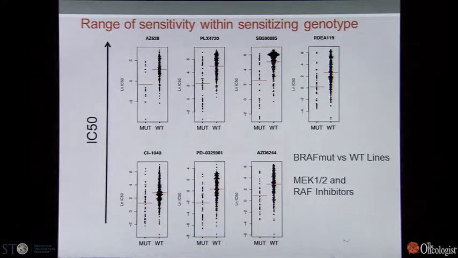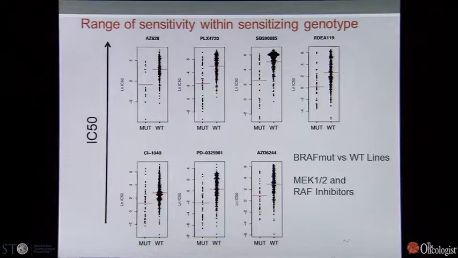In this case, you're looking at RAF mutant versus wild type across RAF and MEK inhibitors. In each case, there's a large difference between mutant and wild type, giving you this volcano plot that I showed you before, this obvious relationship between the RAF, MEK inhibitors and response in the mutant versus the wild type. Not a surprise.